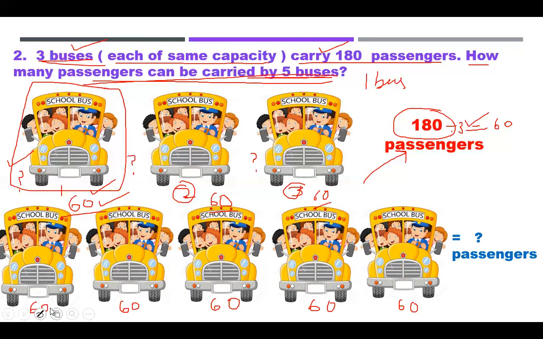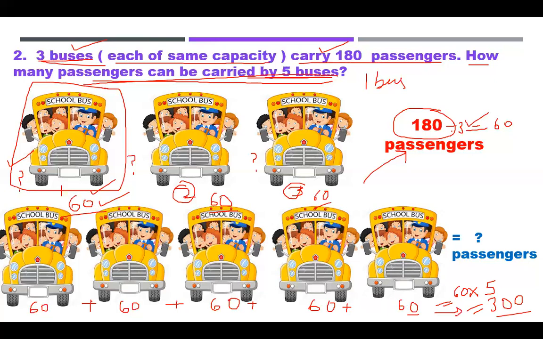So if you multiply 60 five times, then you will get the number of passengers sitting in 5 buses, and it is 5 sixes are 300. Or if you add 60 plus 60, this will give you 120, 120 plus 60 gives 180, 180 plus 60 will give you 240, and 240 plus 60 will give you 300.